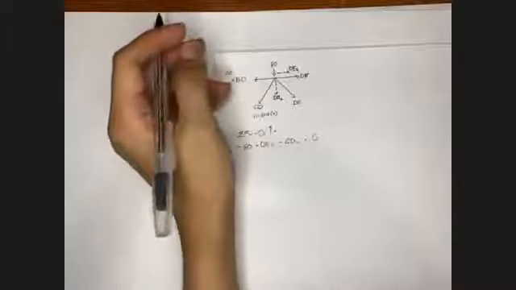So nakuha nating value ng CD kanina is 111.804. So let's put that in.